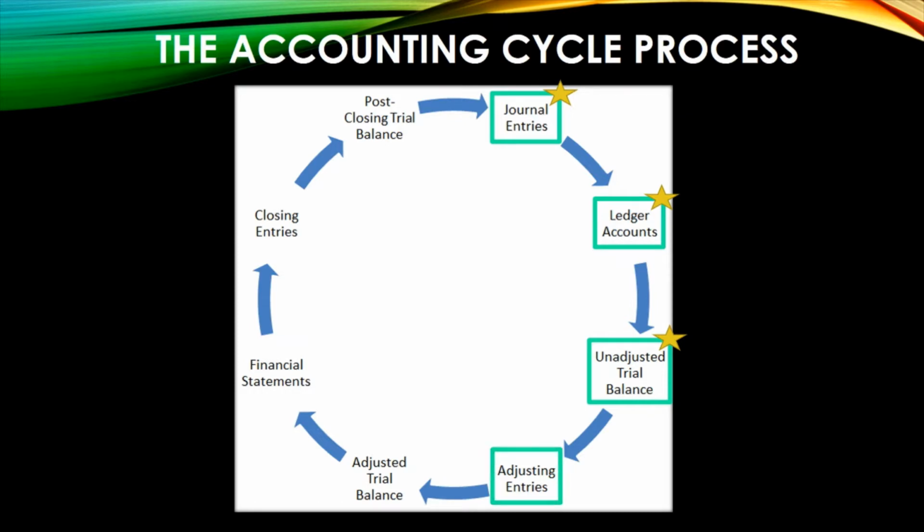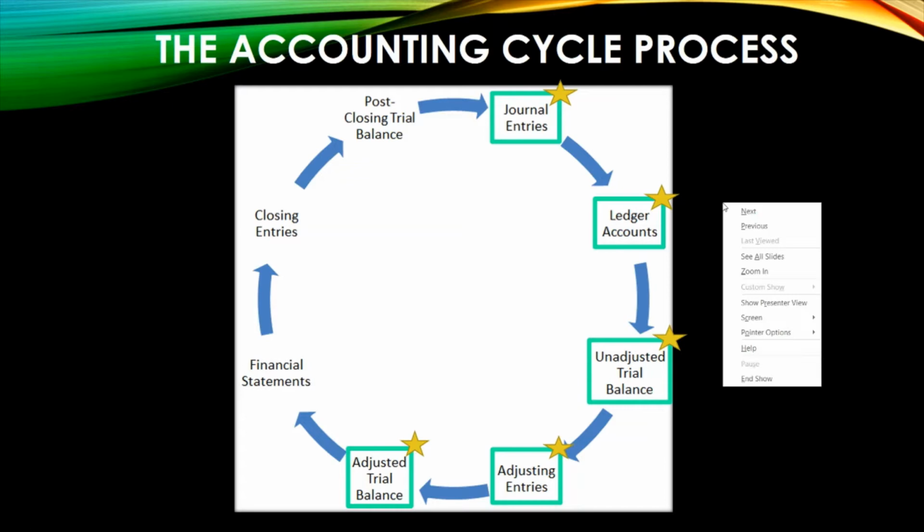After having adjusting entries, of course, you have to update the trial balance and see to it that whatever changes should be reflected in a new trial balance, which we call the adjusted trial balance. Okay, so that's the quick recap of all the accounting steps that we've already discussed so far.